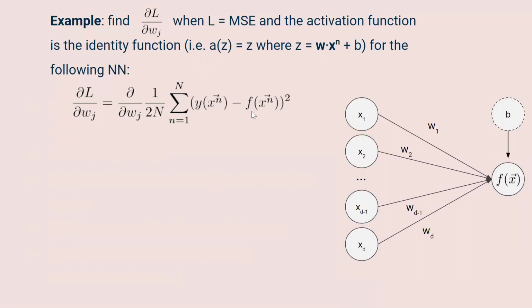And so what this equation is doing, you can think about y of x_n as, for example, replace it with a value t that stands for truth. This is like the true value, or your teaching value, what it should be, right? And f of x_n is like your prediction.